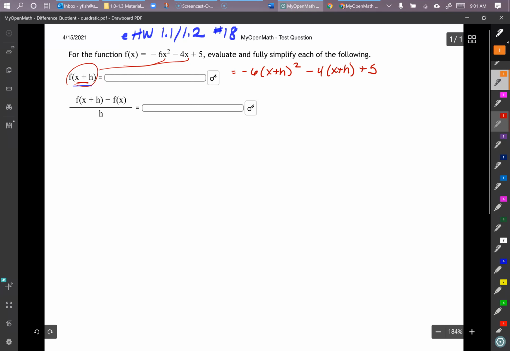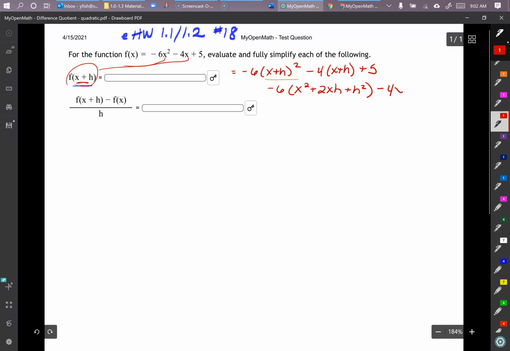I have to first work with my quadratic there, and I can use the formula for a perfect square trinomial, or you could expand it out using FOIL. Negative 6, and then I square the first term, x squared, twice the product of the two terms, so plus 2xh, and then plus the square of the second term, h squared.